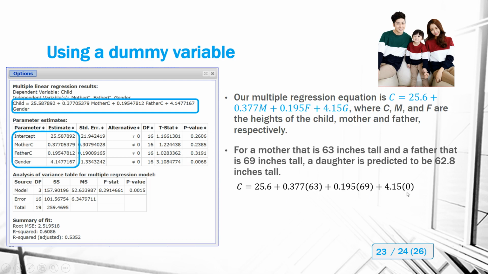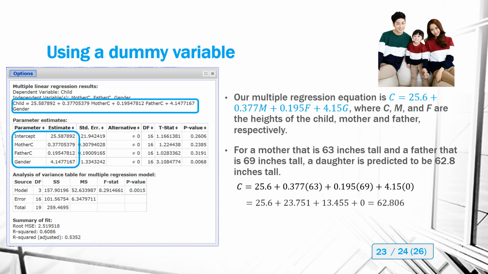But then the 0 that we get here is the gender of the child. Remember the convention we used when we set up the equation, that 0 is female. So I have to be consistent with that convention when I use the equation. If I'm looking for a prediction for a daughter, then I put a 0 in for the gender variable.